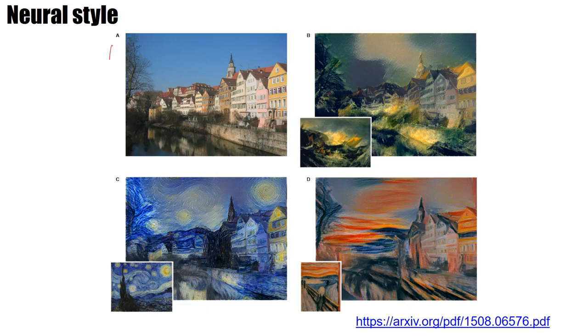You start off with a standard photograph. This is the waterfront of the city of Tübingen in front of the river Neckar in the southern part of Germany, a very nice university town. And then this image is repainted by interactions between 2 convolutional neural networks in different styles, like a Van Gogh style or a Munch style at the lower right.